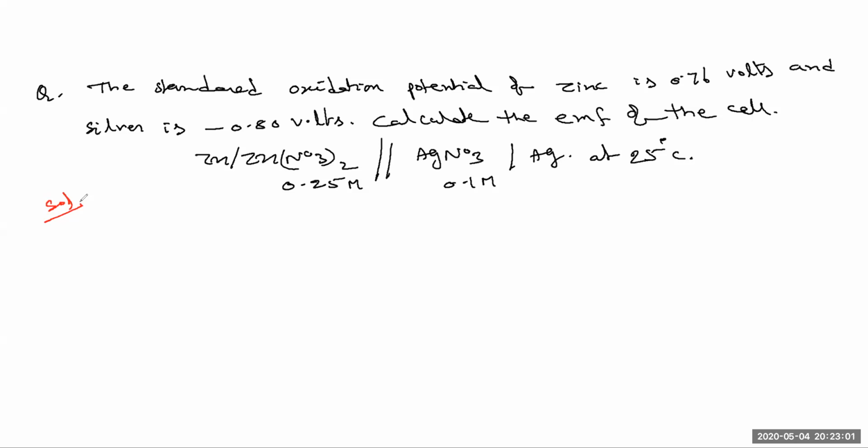There are 2 methods. Separately you can find and finally combine, otherwise directly substitute in the formula. First find the E0 value by using ER minus EL and substitute in the Nernst equation.